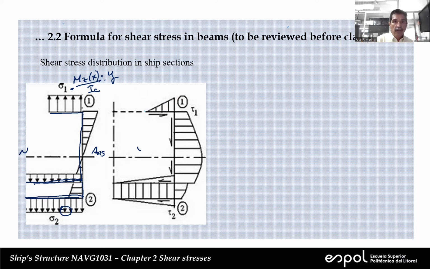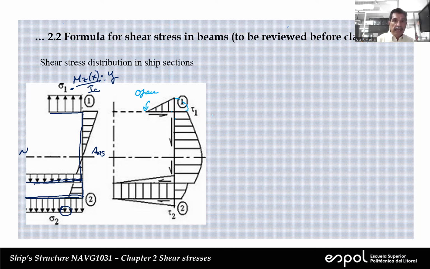Here it's open, so the stress here would be 0. And from that point, you start calculating the shear and it increases linearly. If this thickness is the same as this one, then this value is going to be equal to that one. That's why we usually do it like this.